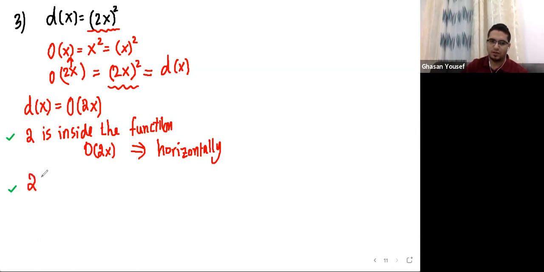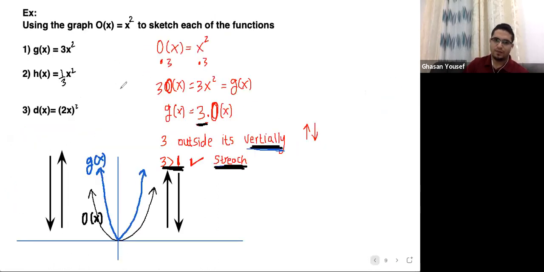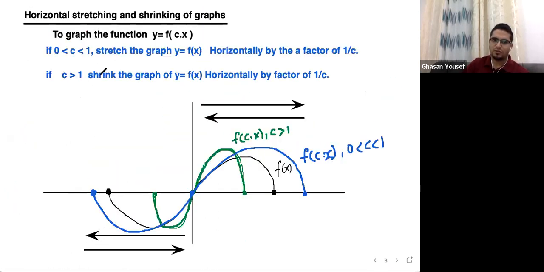So the 2 is exactly greater than 1. So which rule is this, greater than 1? Greater than 1, we have to do shrinking. Exactly, shrinking. If c is greater than 1 and horizontal, see the horizontal, it means we have to do shrinking.